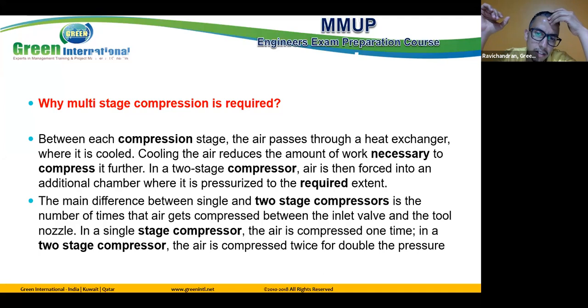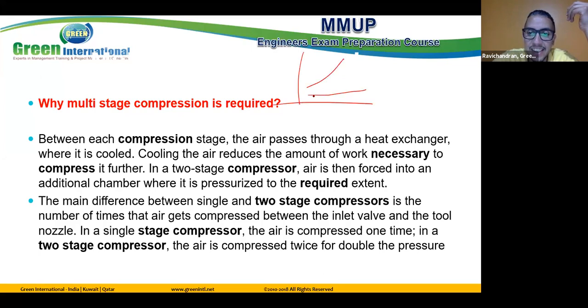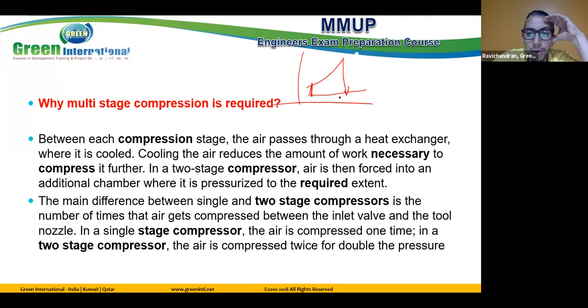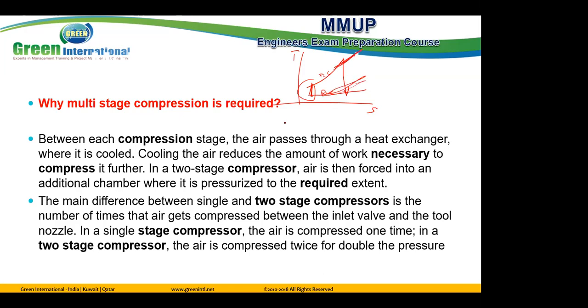This is compression and this is expansion by turbine, this constant pressure with this constant pressure. But in the TS diagram, going left we will see the lines close together, and going right we will see the lines far apart. Remember this or no?